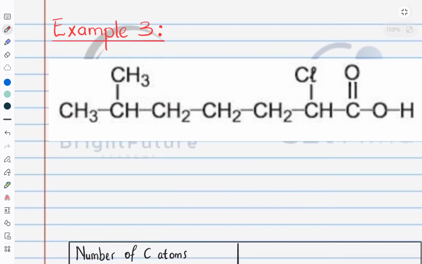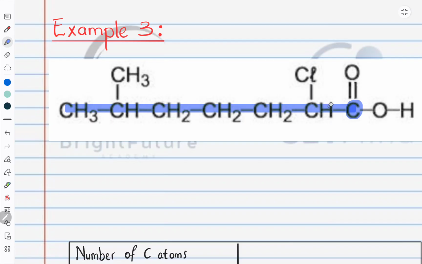Again, we have to find the longest continuous chain that includes the carboxyl group. Let's go ahead and do that. If I start from left here, direction doesn't matter because I'll always start from this side anyway. So let's start there. 1, 2, 3, 4, 5, 6, 7.